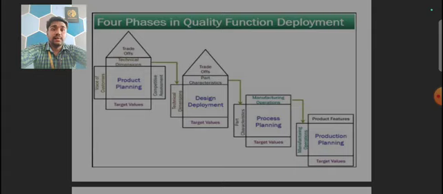Then the design deployment. In design deployment, we have to find three sectors. The target value is common for all, so the second and third aspects will be different. For design deployment, technical dimensions and part characterization have to be carried out. If a product needs to be designed, it has to attain the manufacturing process.